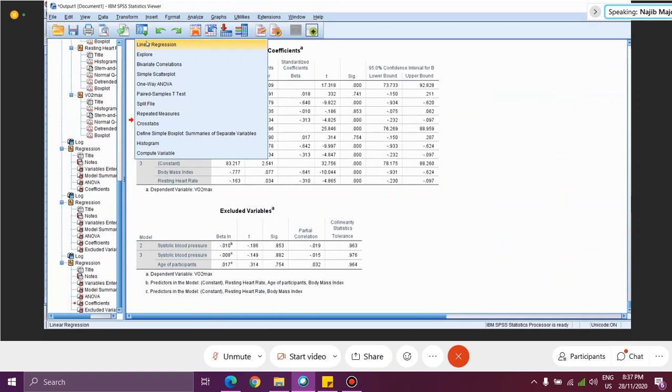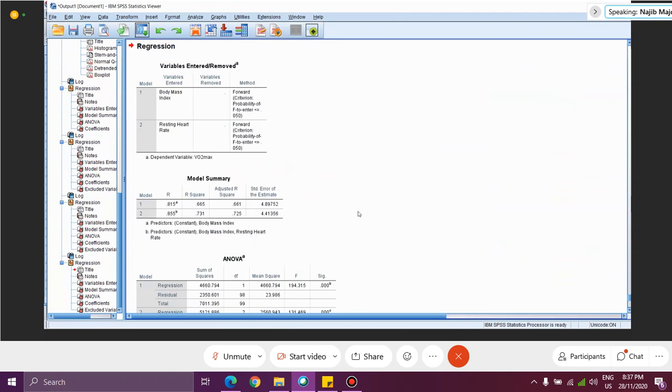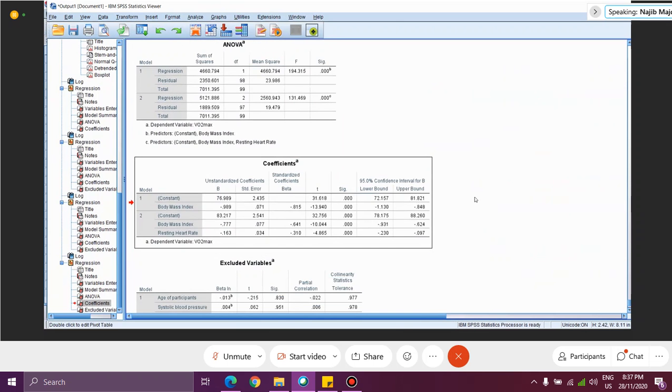Okay, again, we repeat this process by using the forward method. The forward method is more or less similar to stepwise regression. You start with an empty model, then model number 1 includes the first significant variable, BMI.